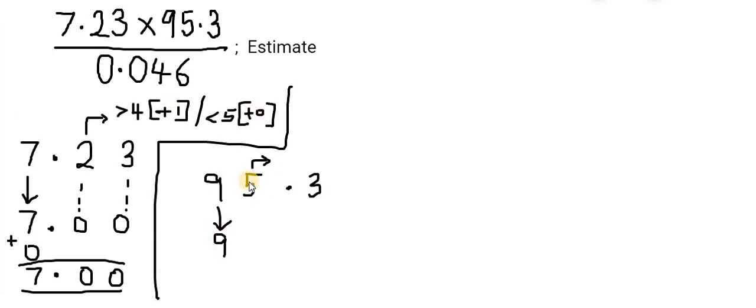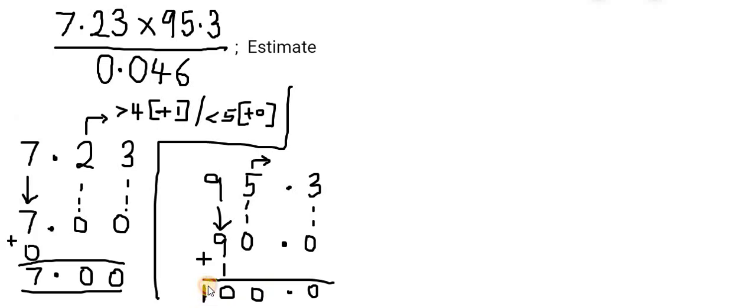In this case, it's greater than 4, so we add 1 to the previous number, and we convert the remaining numbers to zeros. Bring down our point, and that's a 0 as well. So when we add, that's 0 point, that's a 0, and 9 plus 1, that's 10. So that's 100.0, which is just 100.